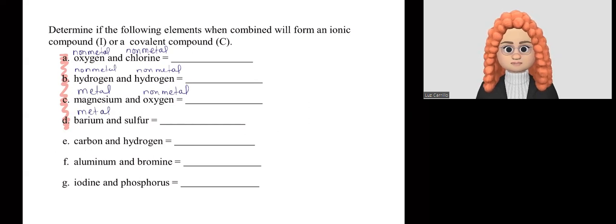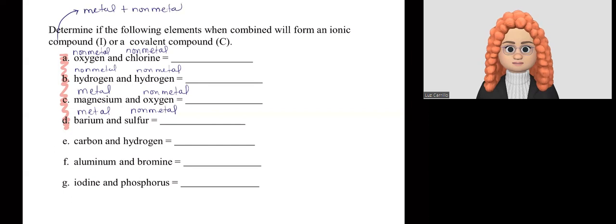Sulfur is to the right of the metalloids, so this is a non-metal element.